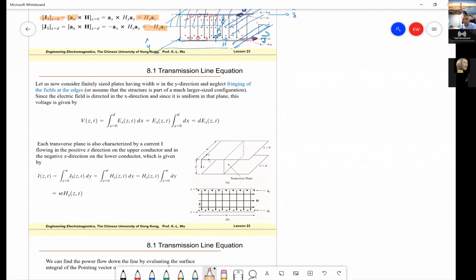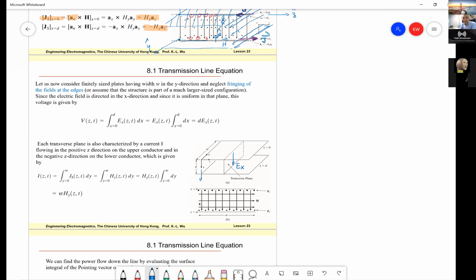Now let's say we have an electrical field in this direction. Then let's define the integration of this electrical field. Now we define X, upside and down.